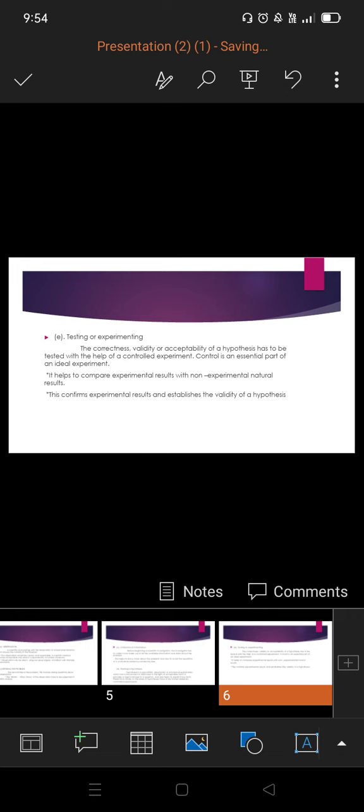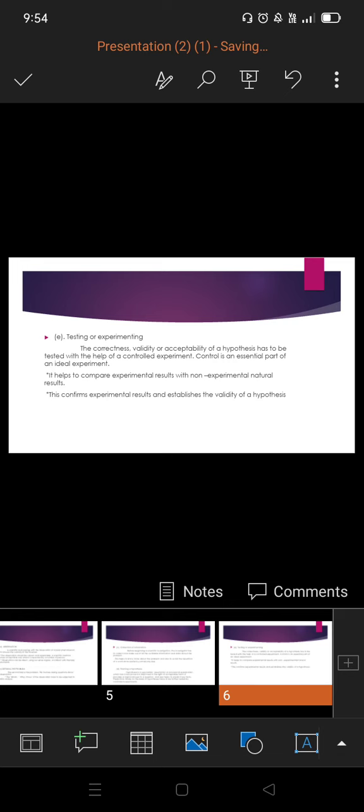Quite a number of experimental studies cannot have control. This means that some hypotheses are based only on accurate and repeated observations and they do not require testing or verification.